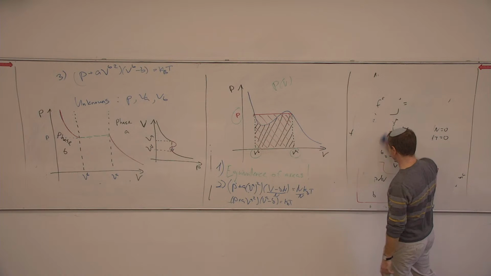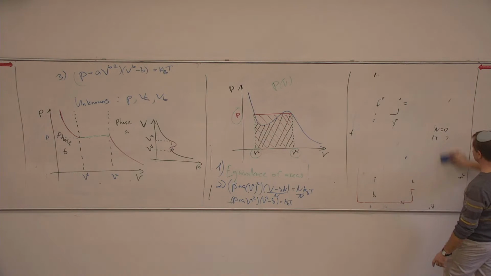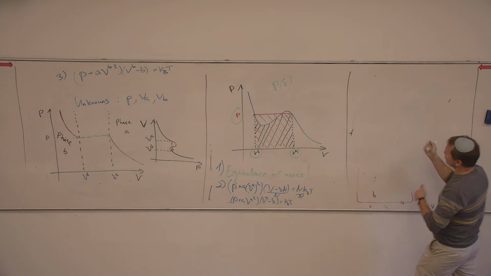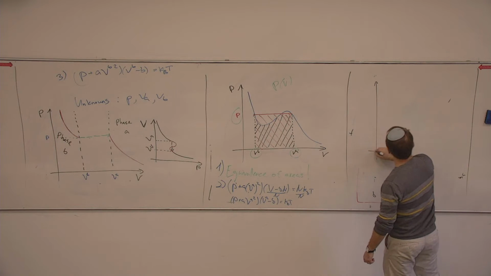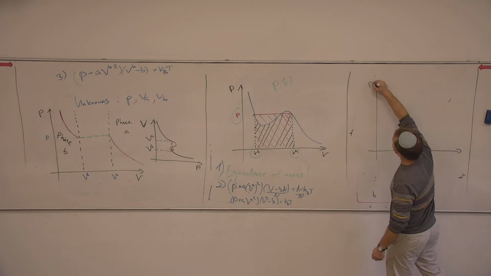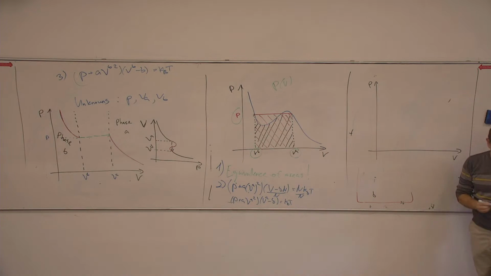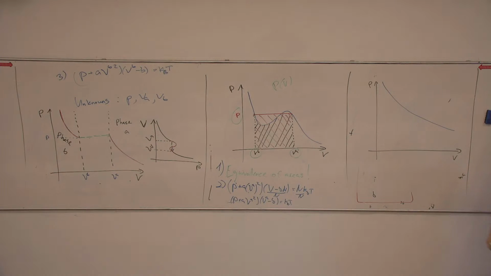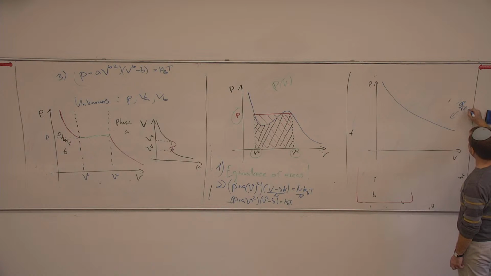Okay, so I will just remind you what kind of plot we had yesterday on the board. All right, so if we plot P as a function of V for different temperatures, if the temperature is high enough, the derivative is always negative. Right? dP/dV smaller than 0, and everything is fine.